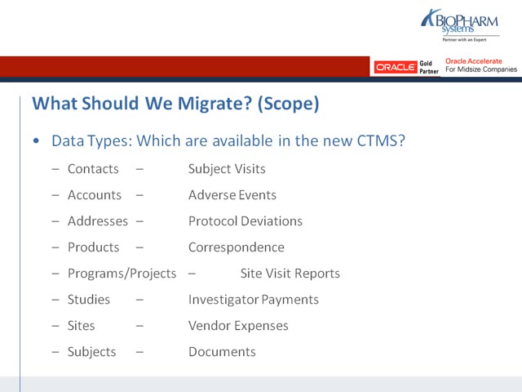So what are our targets? There may be cases where you're tracking something in your legacy system which doesn't have a clear target in the new system. So we need to determine what data has a placeholder in the new system. So a point to consider here is, consider everything that potentially could be migrated.